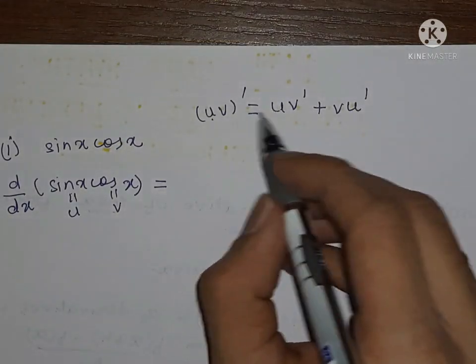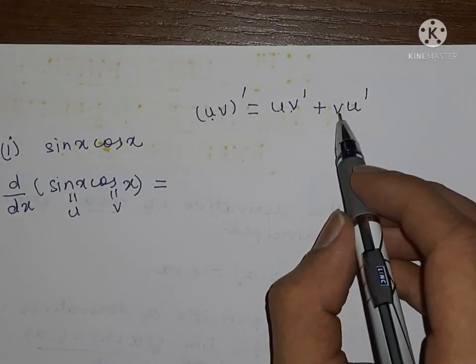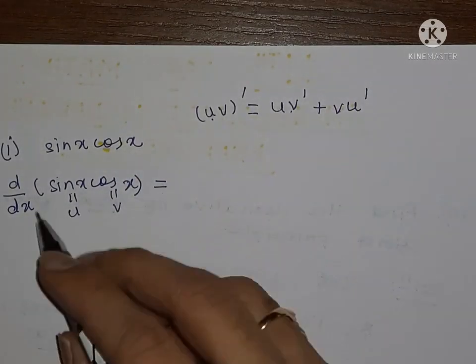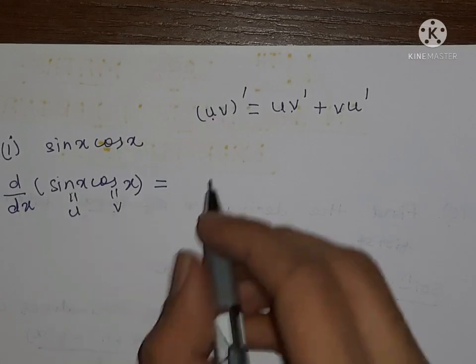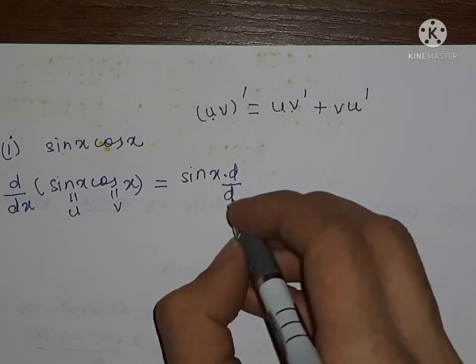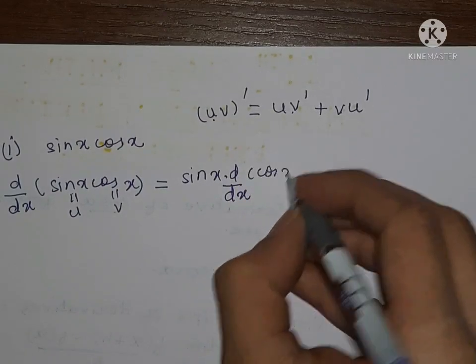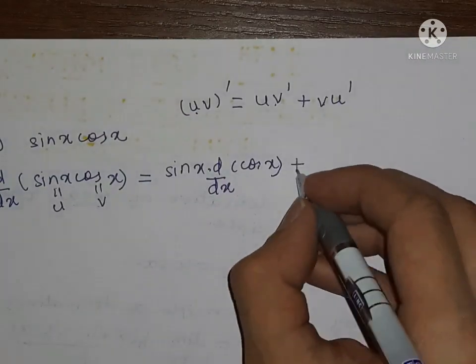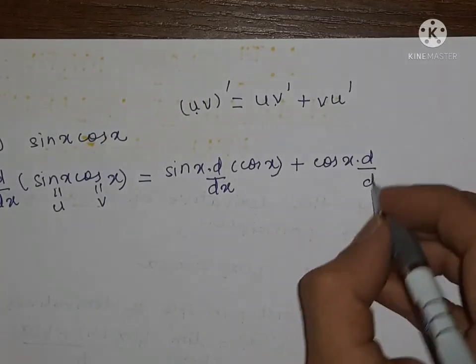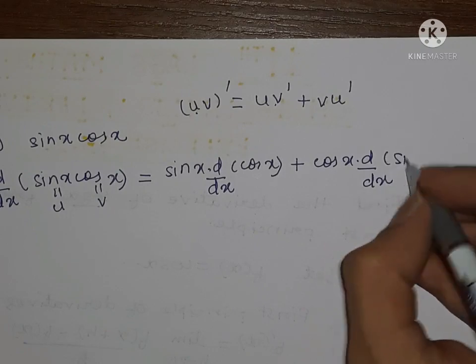First function multiplied by derivative of second plus second function multiplied by derivative of the first. So d by dx of this will be what? Sin x multiplied by derivative of cos x, right? Plus v, that is cos x, multiplied by derivative of sin x.